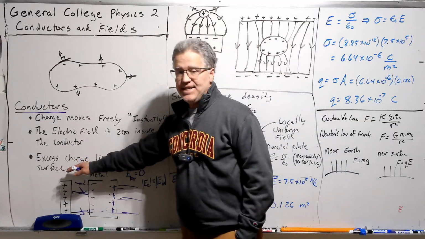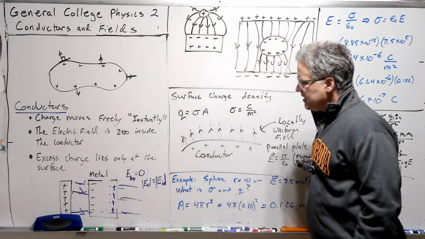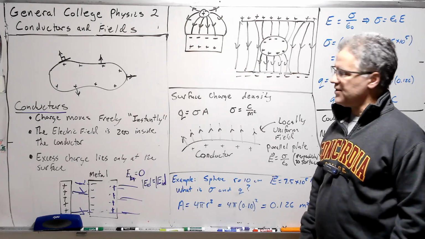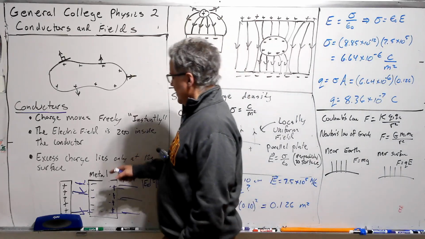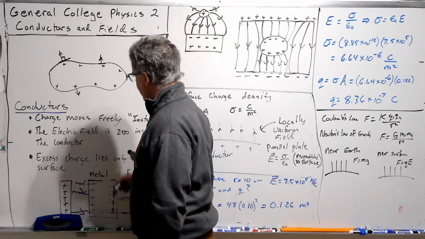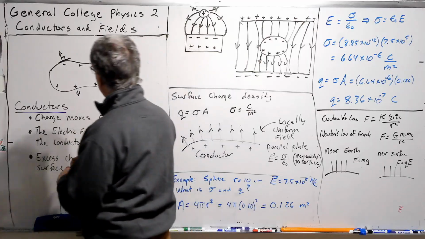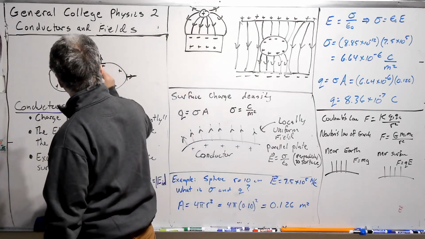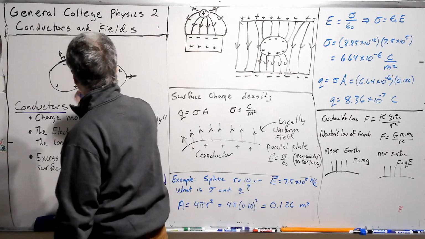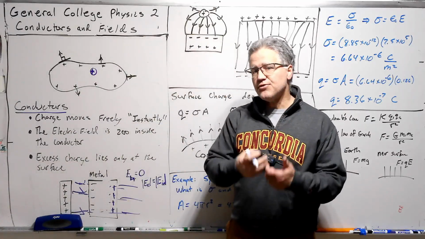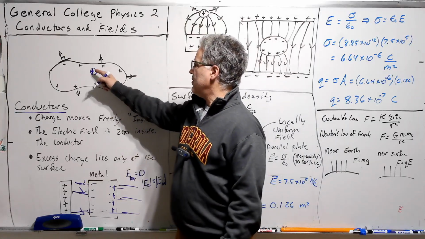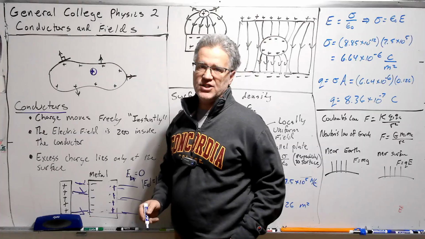If we have any excess charge, then that lies only at the surface. So let's think about this, and we'll do a proof by contradiction here. We've got some charge in here. If I had a free positive charge here, just through Coulomb's law, this is going to be repelled by every other charge.